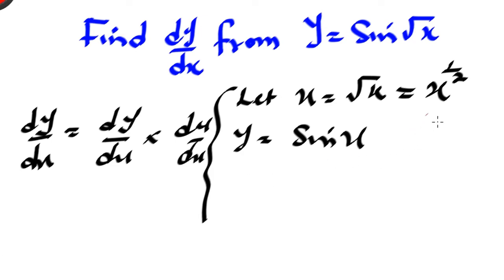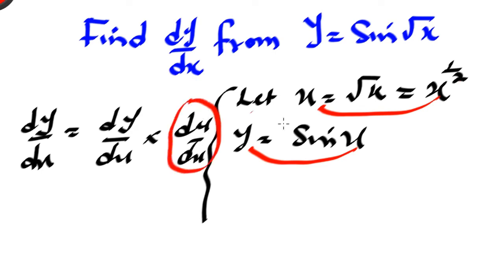Here, we succeeded in making y a function of u and u a function of x. So we're going to find du/dx from the x and u relationship, and we'll find dy/du from the u and y relationship.